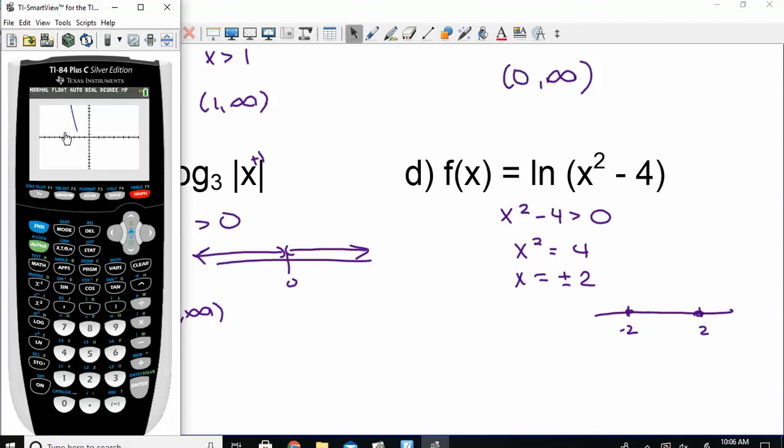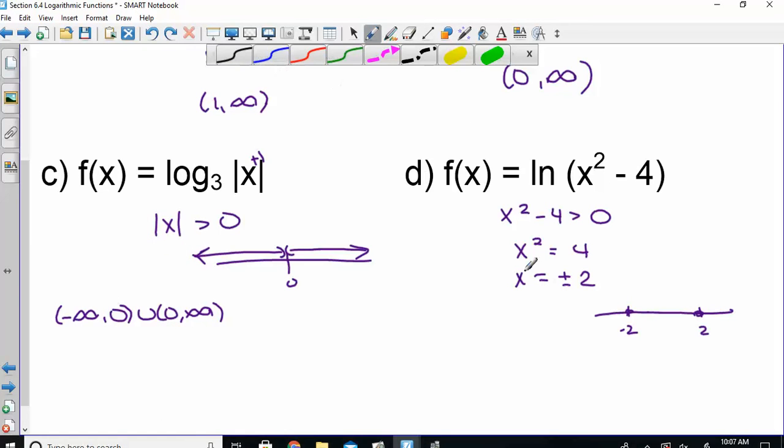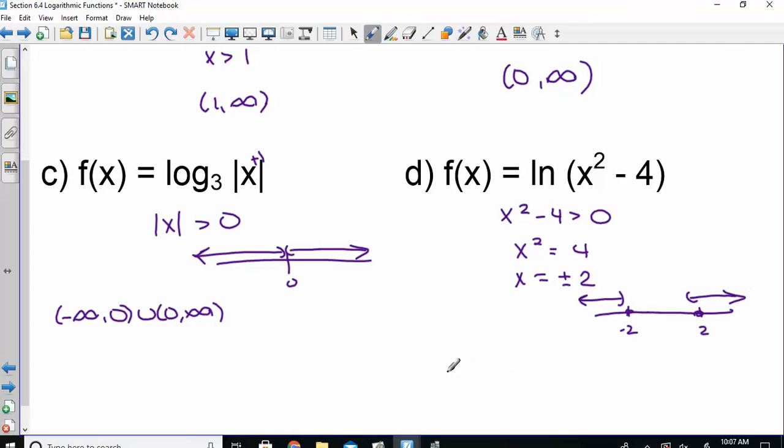So I'm trying to figure out when this thing is greater than 0. So it started out greater than 0 was positive, so it was above here and here. Could you plug in something between negative 2 and 2? No. I mean, we could into the x squared minus 4, but if I put in like a 0, then I get a negative 4 in here. Can we have that? No. So the answers that work, the ones that make it above 0, is everything smaller than negative 2 and everything bigger than 2. So being negative infinity to negative 2.